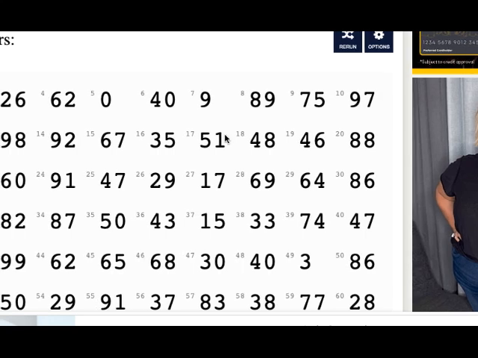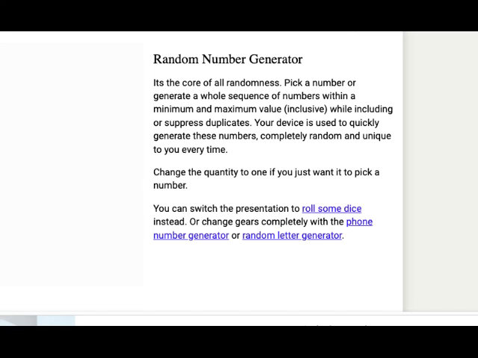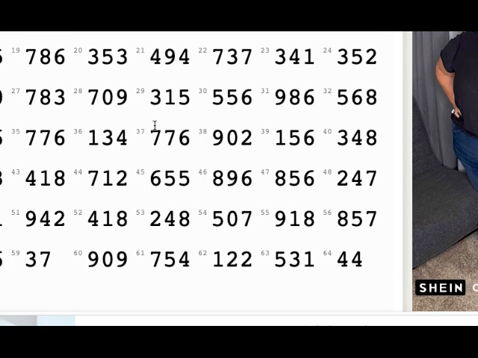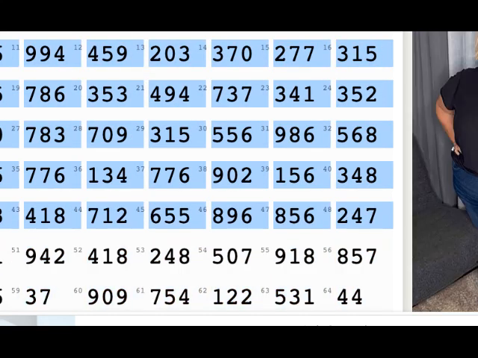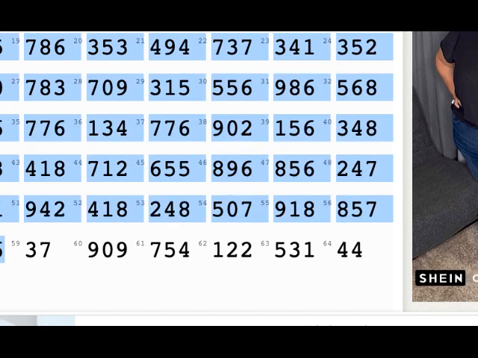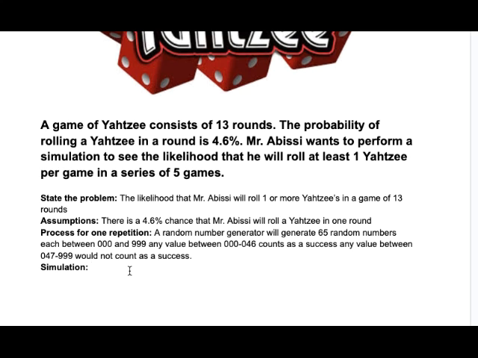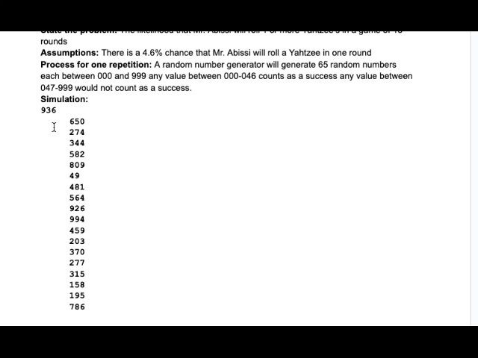I know you can't see it quite the same way that I have it, but I'm going to set this up with a minimum and maximum number and run it 65 times. There it is. And I'm just going to copy and paste all of this raw data into my document. Make sure that you are submitting the raw data, otherwise you really have nothing to back up your setup.